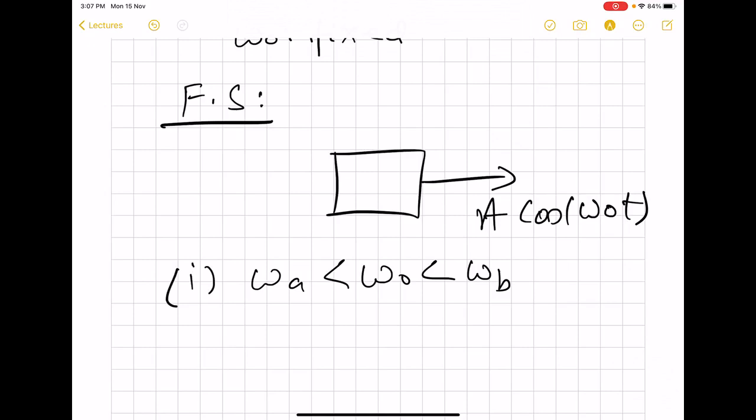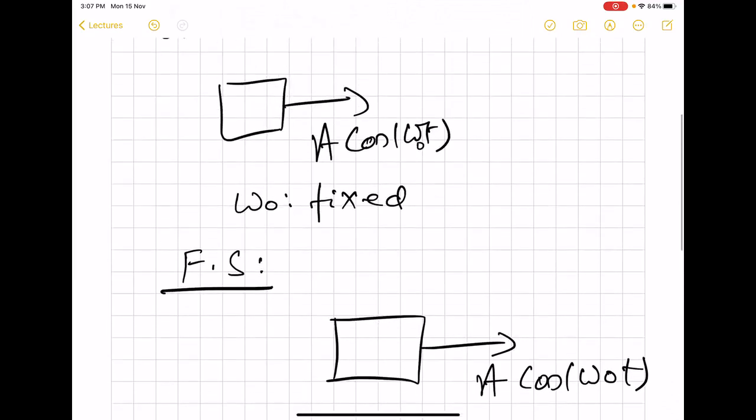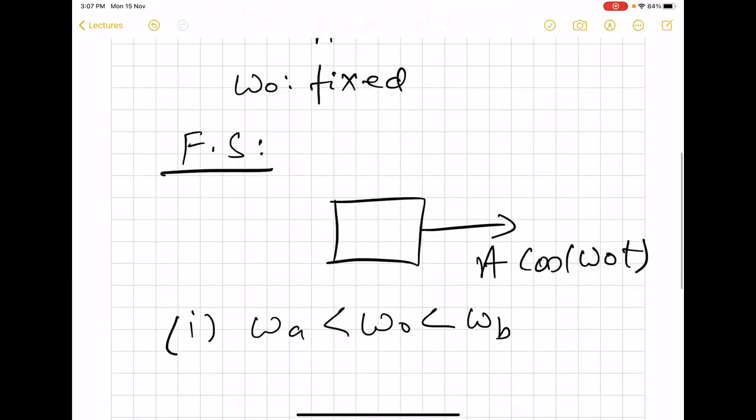And there is a difference between this frequency synthesizer and an oscillator. The key difference is that this frequency synthesizer does take an external input, but this external input will be another oscillator of very stable frequency. That means the output frequency does not change much with time.